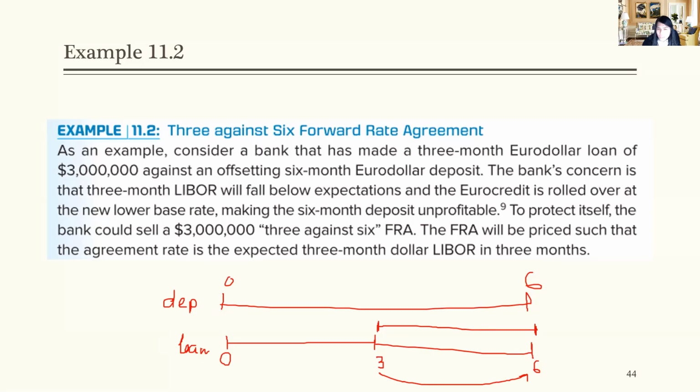So the question here is, instead of using a FRA contract, can I use futures contract to hedge this interest rate risk instead? Okay, so here, if I want to use futures contracts, how does it look like?